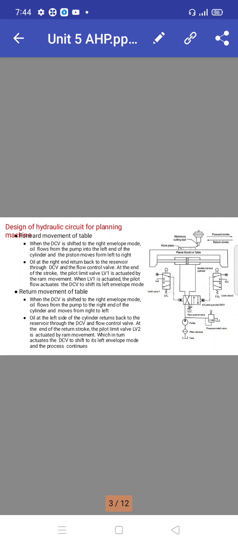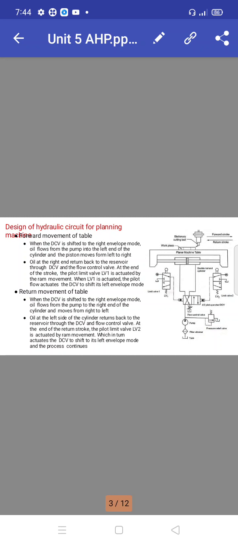At the end of the stroke, the pilot limit valve, that is LV, limit valve 1, is actuated by the ram movement. The ram actuates the planer in an efficient manner.